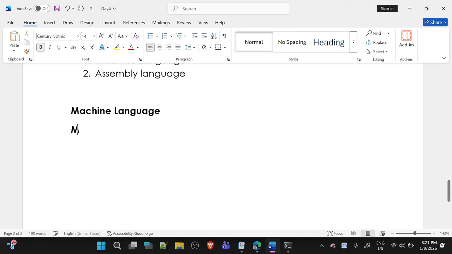Binary language. So can we say like this? Machine language uses zeros and ones to represent instructions.